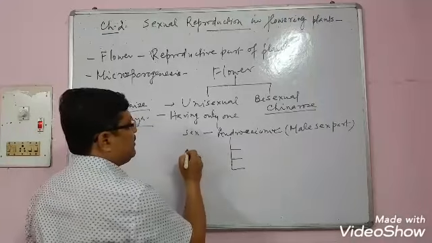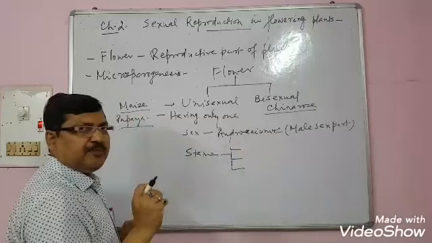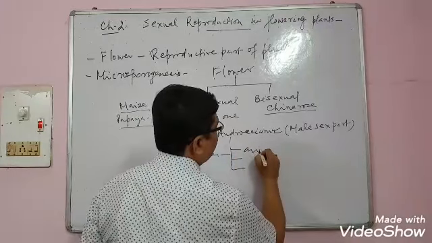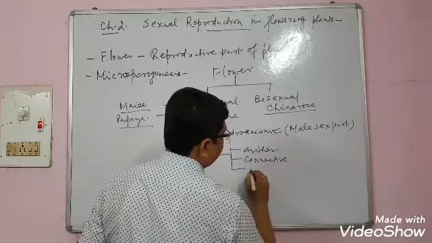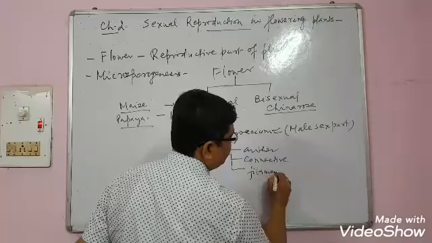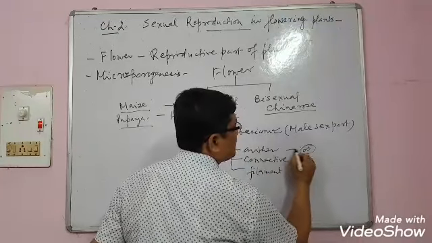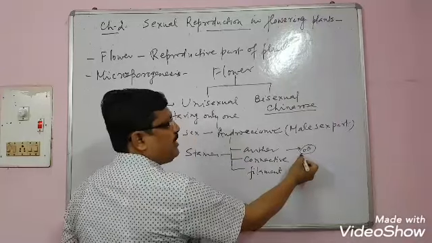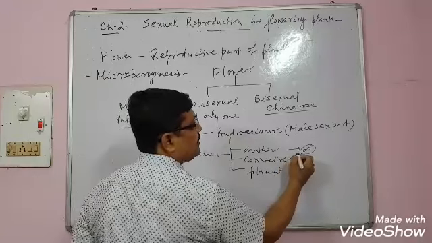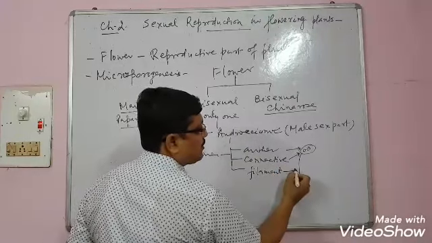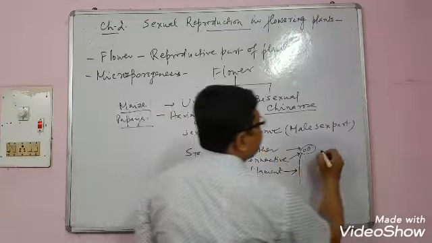In this stamen three structures are present: anther, connective, and filament. This is the anther. The point of attachment of the filament to the anther is called the connective, and this stalk is called the filament. So this is a monothecous anther.